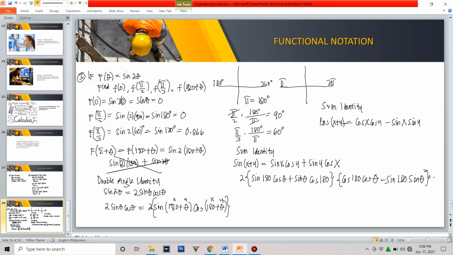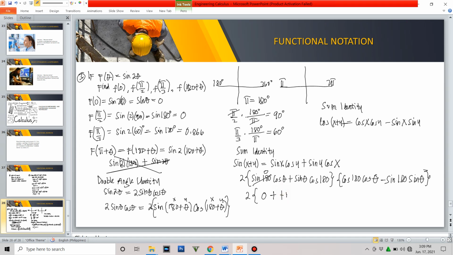Okay, so we will now simplify this by certain values of sine 180 and cosine 180. So sine 180 will be equal to 0. So meaning all of these terms will be equal to 0. So here is the 2. So the first term will become 0 because it's being multiplied by sine 180, which is equal to 0. So how about cosine of 180? Cosine of 180 is actually negative 1.